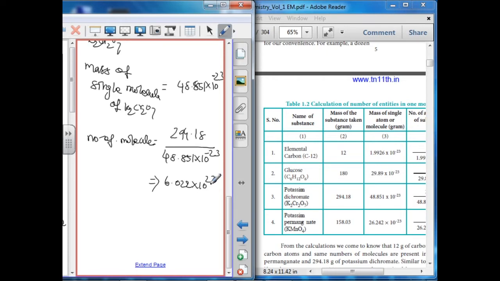From the calculation, we come to know 12 gram of carbon 12 isotope contains 6.022 into 10 power 23 atoms of carbon.